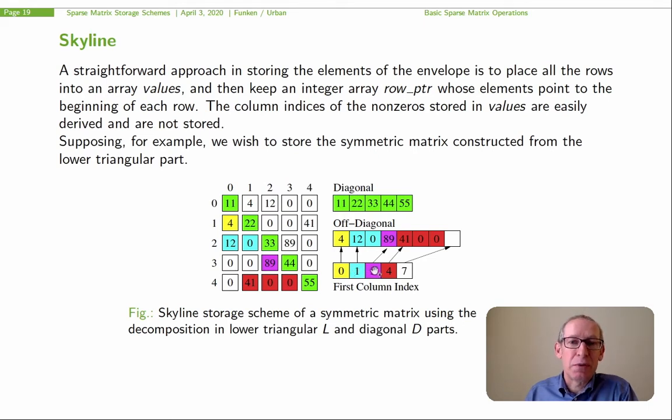So we start with 3 as long as it's less than 4. And we know, okay, then we have only one entry, starting from the diagonal. So here we start from 0 to 1, so it's only one entry. Of course, we start here, we start here, and so on. So the length for each part per row is given indirectly from the column index vector.